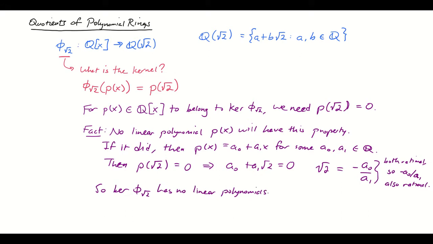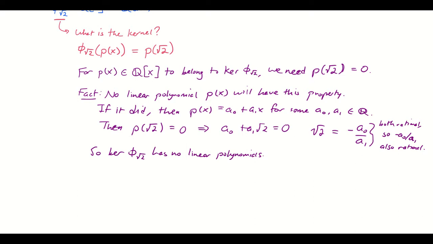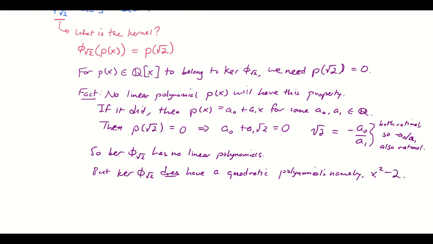Okay, but can we think of a quadratic polynomial that would be in the kernel? The answer is yes. It does have a quadratic polynomial. One such quadratic polynomial is x squared minus 2.